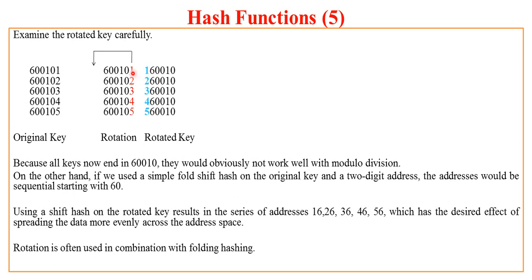For example, as I shifted one to the left of the first key, I get 16, then 26, 36, 46, 56 for the remaining keys, and this forms a unique address for storing each of these keys, like 600101, 600102 and the like. So the rotation method is basically used in combination with the folding hash.